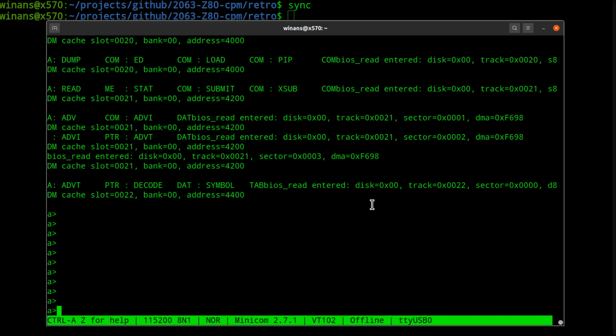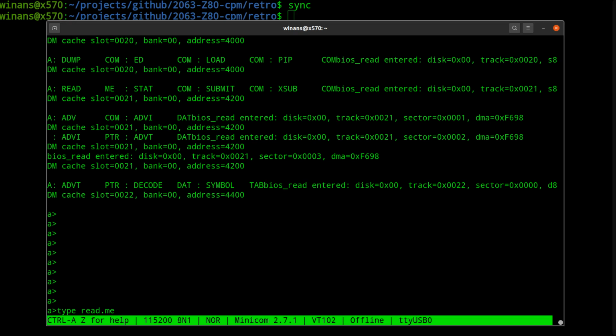All right. And one of the files in here is called readme. That's a small text file. Remember, there's a CP/M command called type, which in Unix would just be cat. All right?